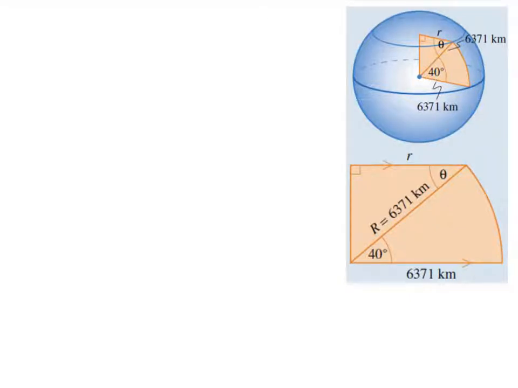If we have a look at this picture here, I've got the Earth, and a point up here on a small circle that is 40 degrees north. You can see north of the equator on that small circle, it is 40 degrees north. Now that would be our latitude.